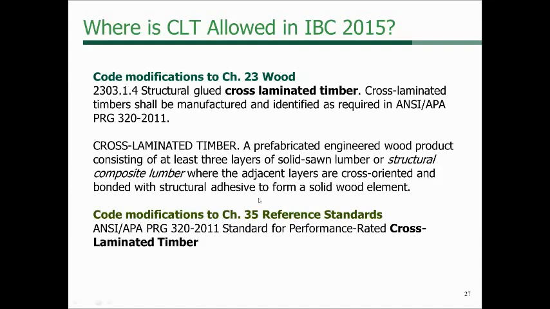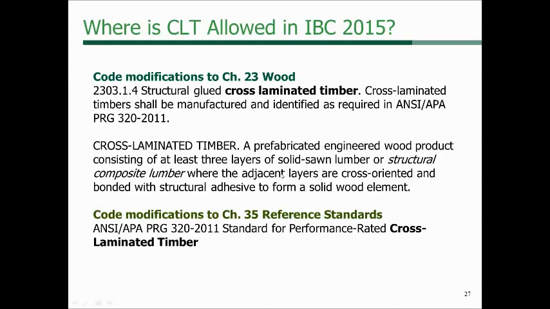Now for cross-laminated timber, this is something that many of you have probably heard of, but it's new in the IBC 2015. In the 2012 code, it was not included as a material or product that can be used for construction, but now it is in the 2015 IBC, as stated here. It's in Chapter 23.